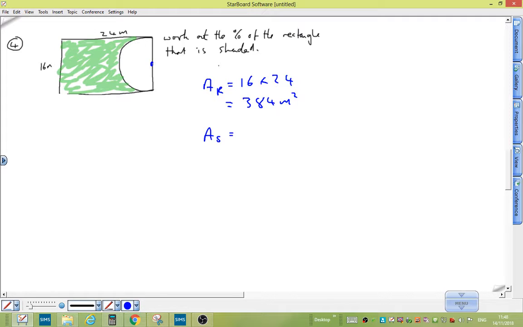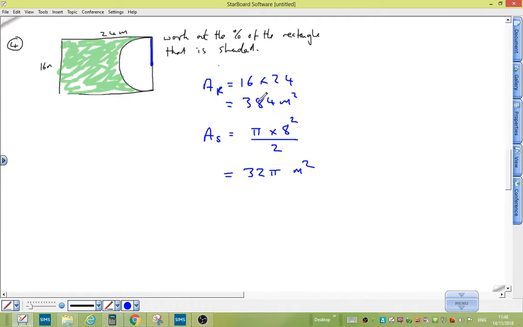Now the radius is that distance there, which is 8. It is pi times radius squared, and it's only half a circle, so I'm going to divide it by 2. I'm going to leave that as an exact answer, in terms of pi. You only ever round the final answer. So that gives you 64 divided by 2 is 32 pi, and that's meters squared.